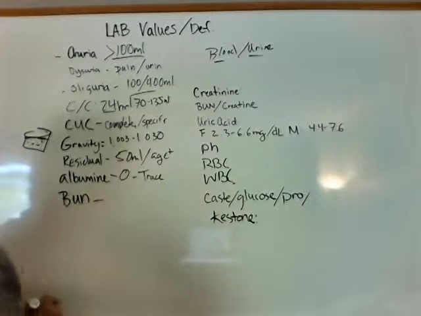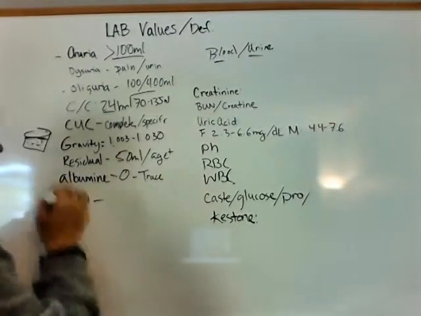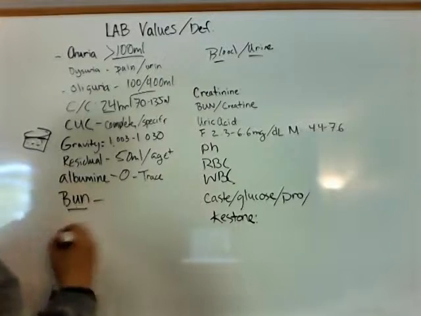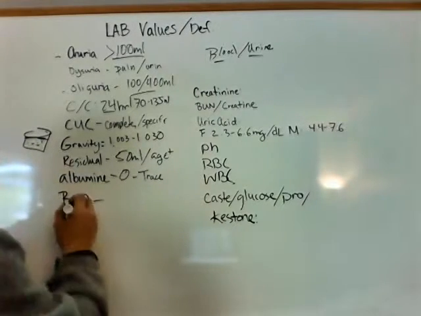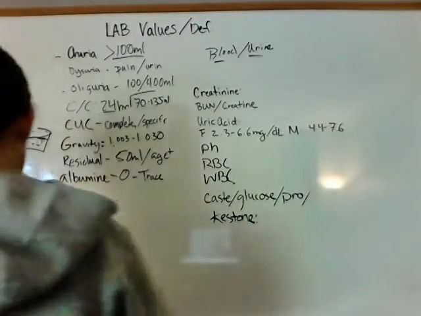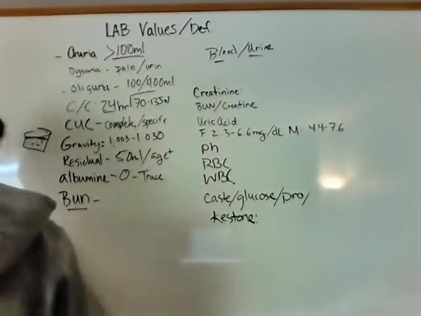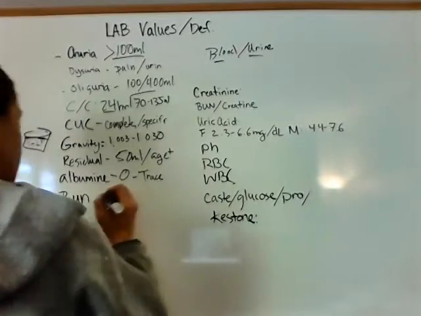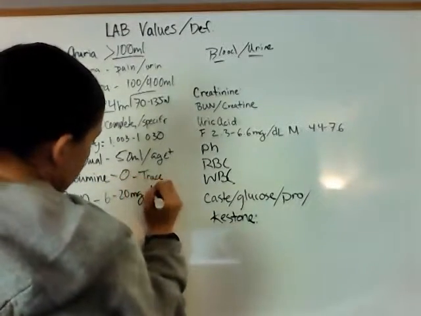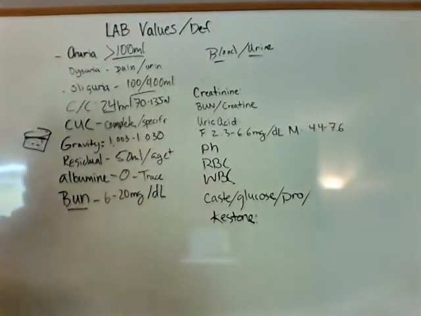All right. Your BUN is your blood urea nitrogen. Your blood urea nitrogen is going to be how much urea is in your system, and it should be from 6 to 20 milligrams per deciliter. All right.